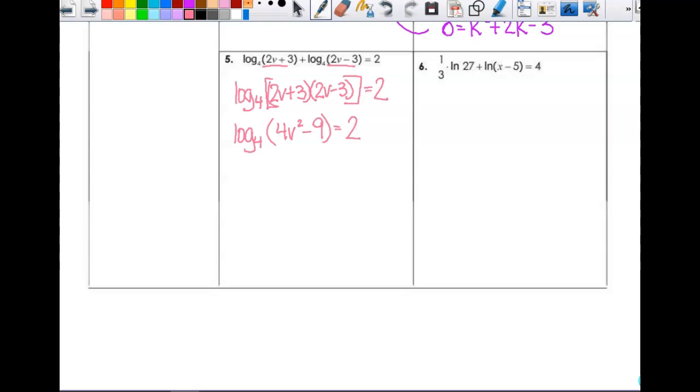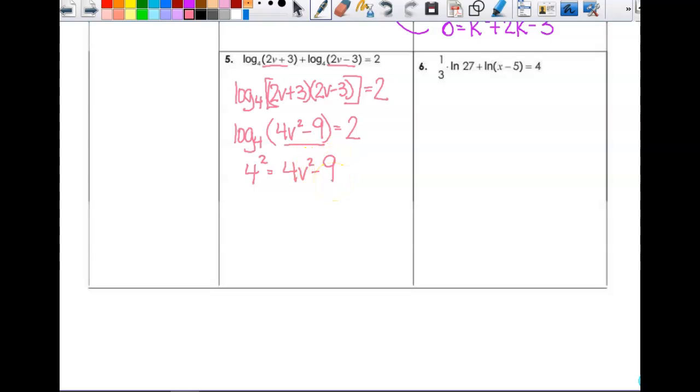Yep. Good. Beautiful. When you rewrite in exponential form, this is the base, this is the exponent. Does that make sense? So we're just rewriting it first: 4 to the second power equals this right here, which is 4v squared minus 9.